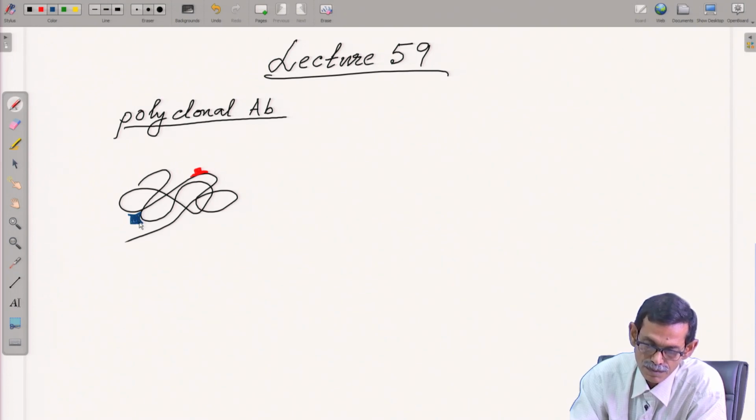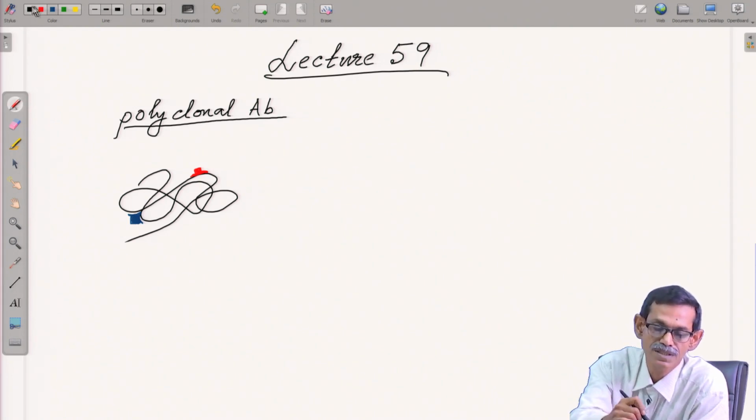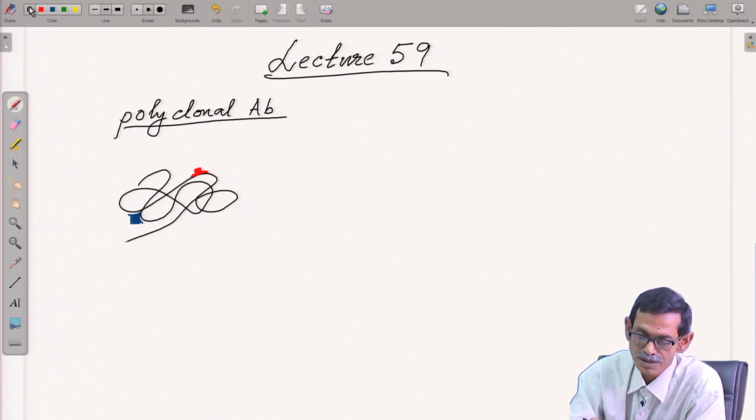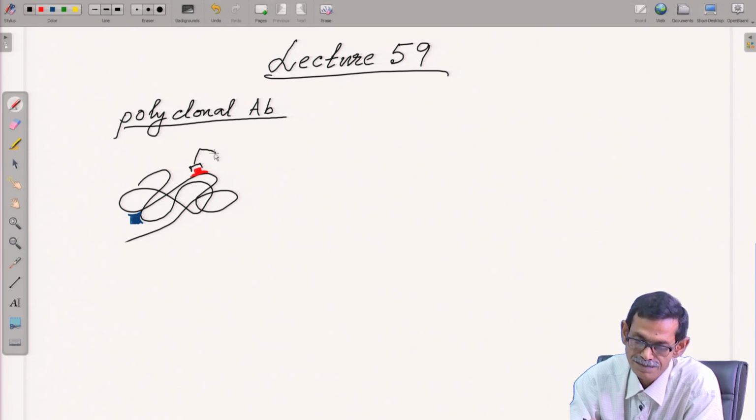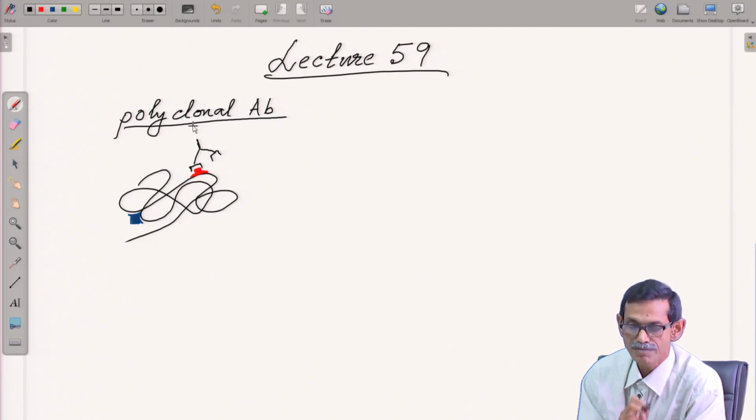This is the 3-dimensional structure. Now, if this is the antibody, the antibody's receptor will be like this. So, this is the B cell epitope.